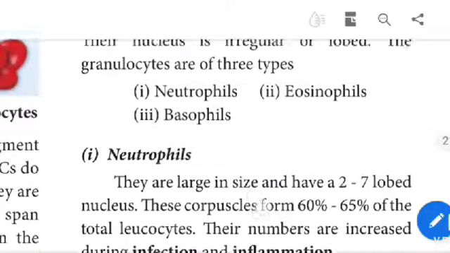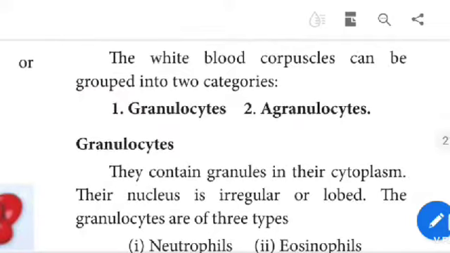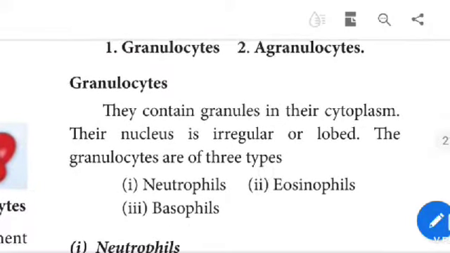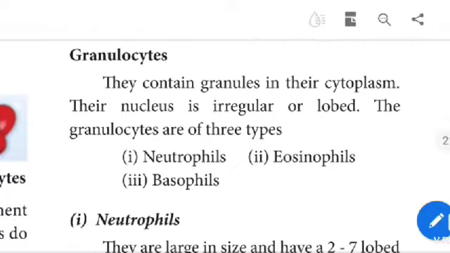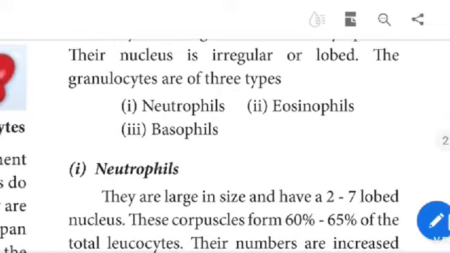See, granulocytes contain granules in the cytoplasm. Their nucleus is irregular or lobed. The granulocytes are of three types: neutrophils, eosinophils, and basophils.